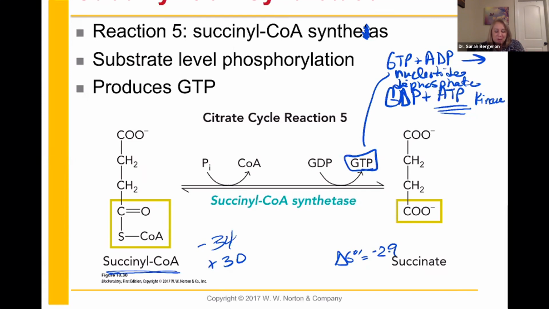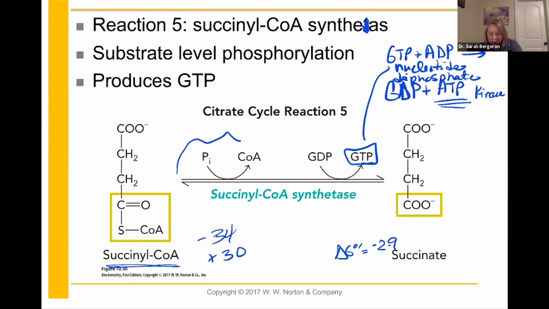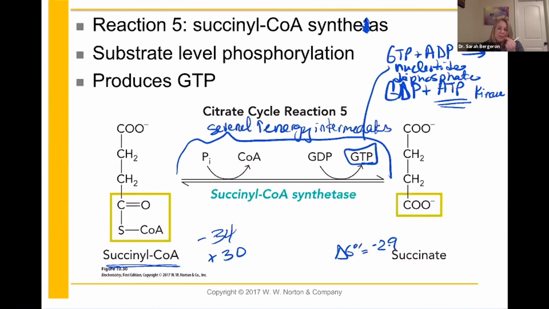So you notice we don't draw these intermediates in here. We just say, it's a really long line and some things happen. So there are several high energy intermediates in here. And the reason we have a few high energy intermediates is because we want to ensure that the energy that's gained by cleaving that thioester bond is not lost before being used to generate GTP.